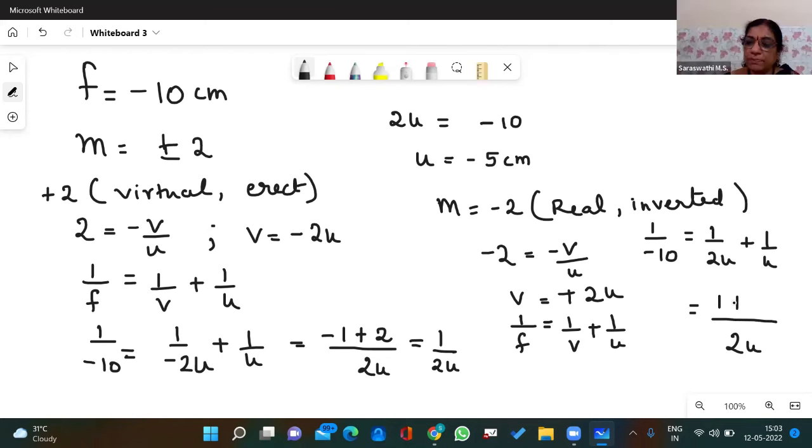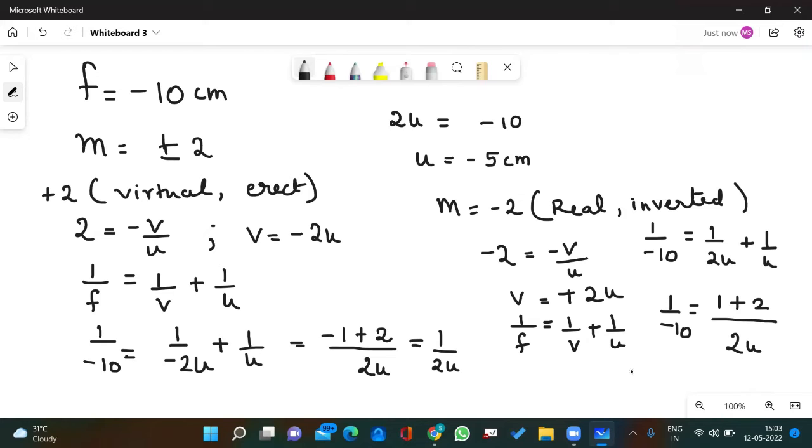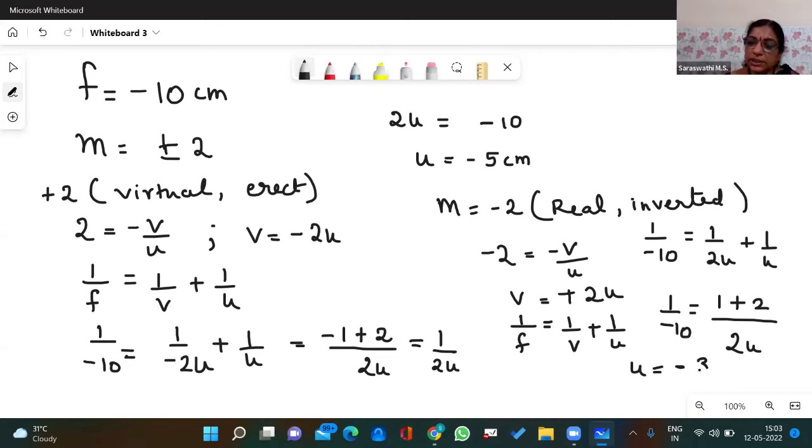So it will be 1 plus 2, right? So 2U will be equal to minus 30 by 2, that is, minus 15. U is minus 15 centimeters.